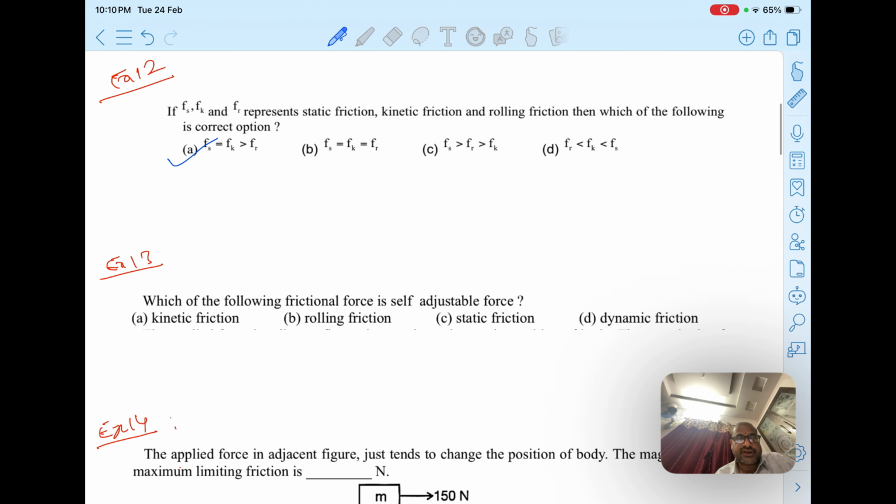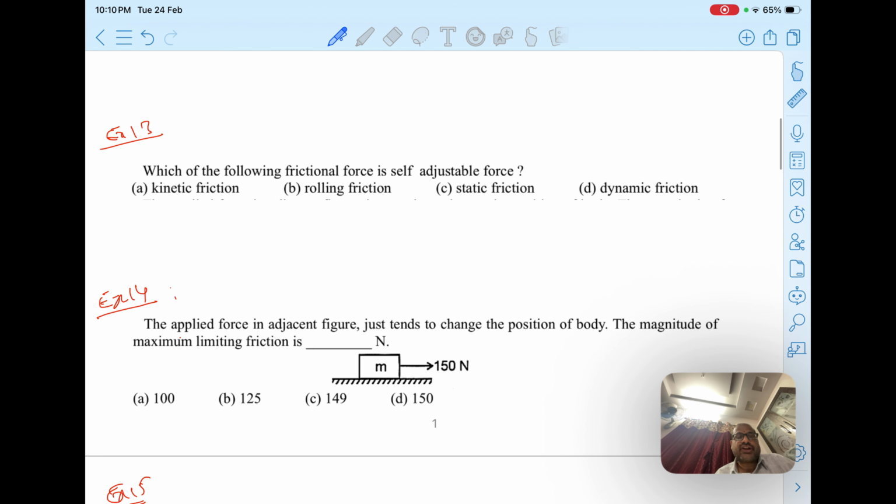Right, students. Next it is asking about friction: which of the following frictional forces is self-adjustable? In the theory of laws of motion and friction, I told you that if the body is at rest, the frictional force is 0. If you apply some amount of force, for example 5 Newton, and the body is not moving, with acceleration 0 and velocity also 0, then the opposing force will be 5 Newton.